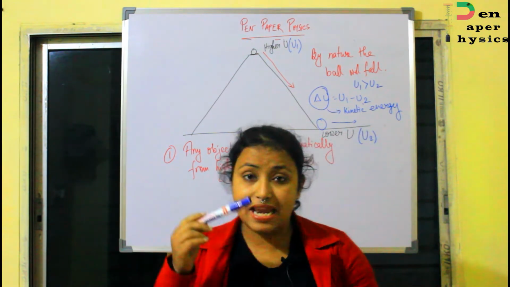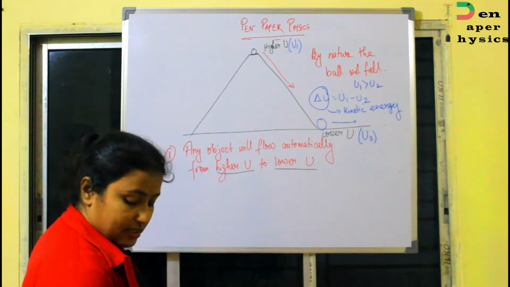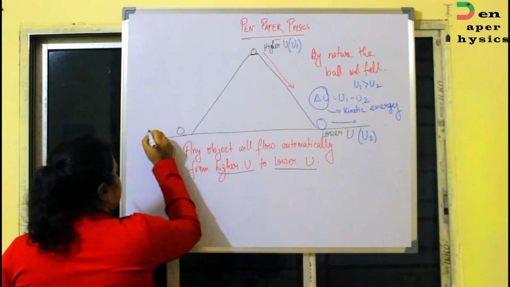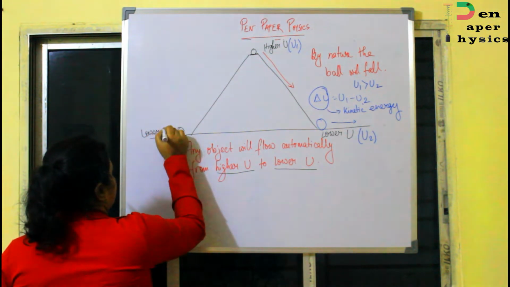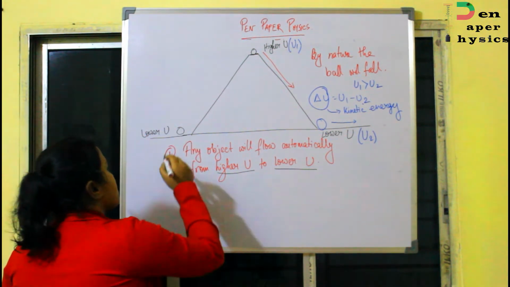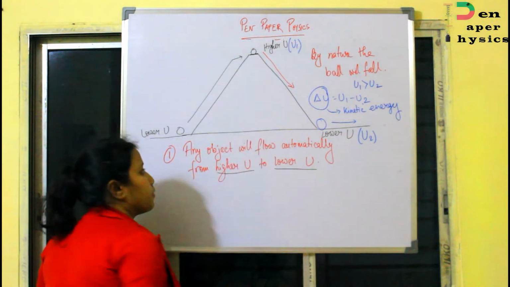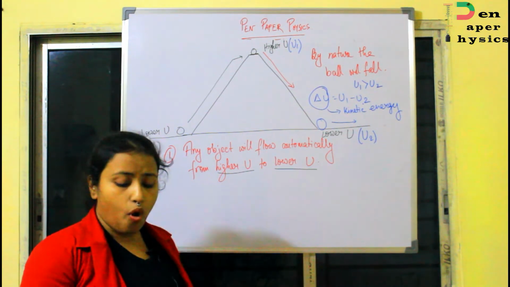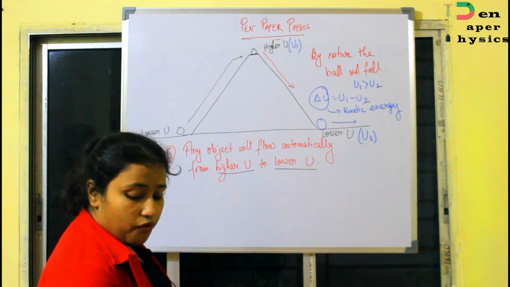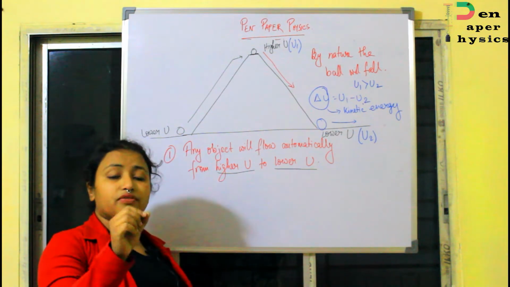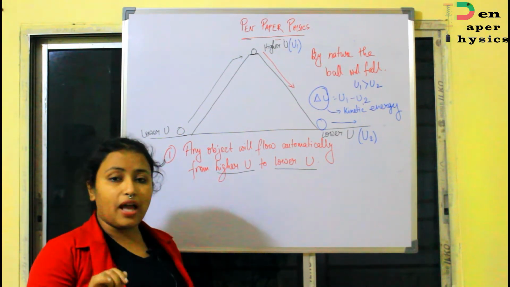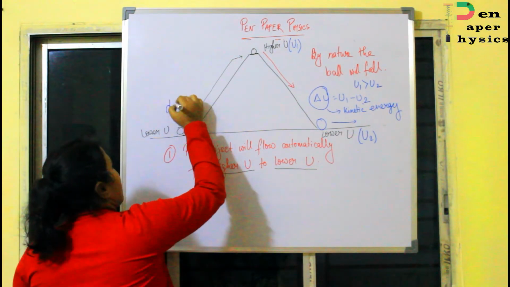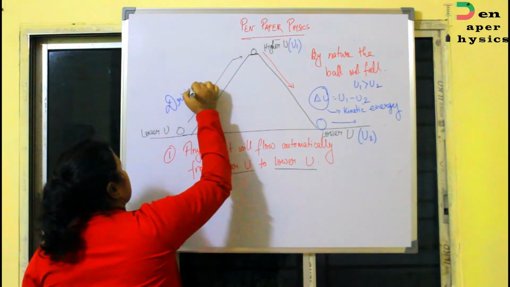Now we will go to the next case. In the next case, suppose the ball is over here at lower potential energy and I want the ball to move up over here. Will it go automatically? No. The ball won't flow automatically. Here we need to give some force to the ball so that it goes up. So we need to give a driving force to it.